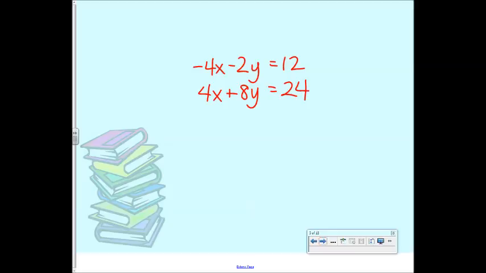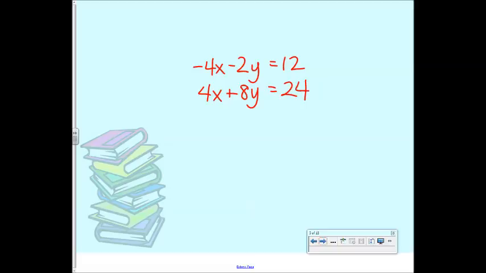The first one is negative 4x minus 2y equals negative 12. The second one is 4x plus 8y equals 24. Do I need to align them, or are they already aligned? They're already aligned. The x's are with the x's, the y's are with the y's, the constants are over here by themselves. All right? Is there anything right now you can cancel out?